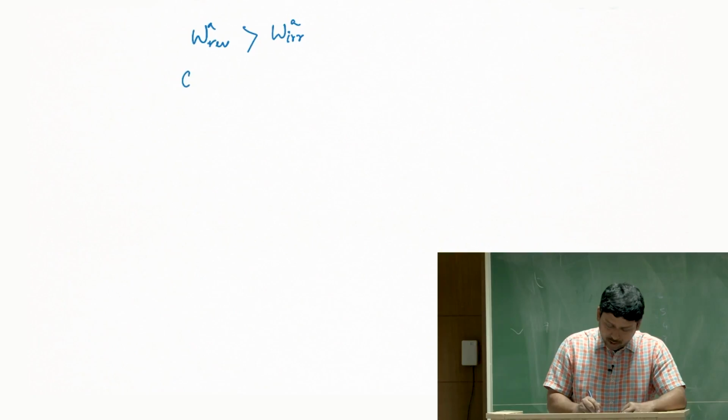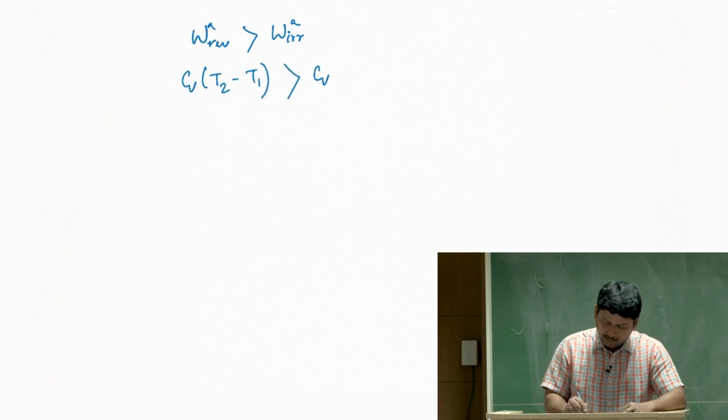and we know Cv (T2 minus T1) will be greater than Cv (T2 prime minus T1), which means T2 will be greater than T2 prime.